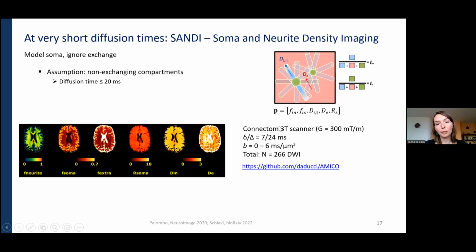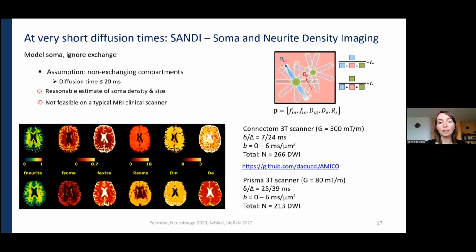Now, this is achievable on a connectome scanner where you have very strong gradients. So you can achieve both short diffusion times and high b values. And you get, of course, reasonable estimates of soma density and size in the human brain. But this is more difficult to achieve on a clinical scanner with limited gradients.